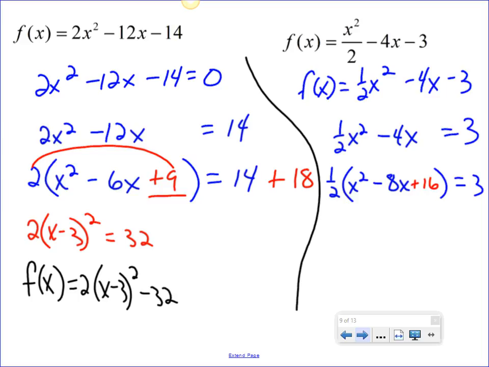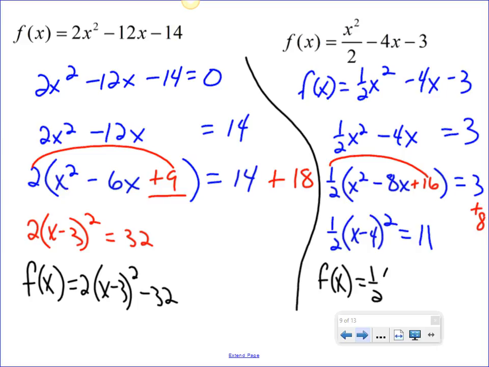Well, the one side is 16, but I forgot that I have to multiply the 1 half times 16. So I'd be adding on an 8. Okay, so this now becomes 1 half quantity x minus a 4 squared equals 11. So if I get it back into function form, I'd have f of x is equal to 1 half times x minus a 4 squared minus 11.